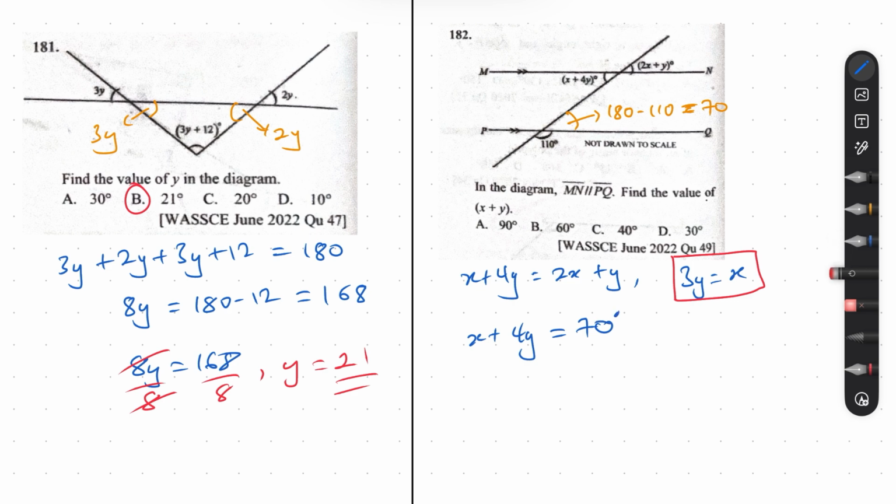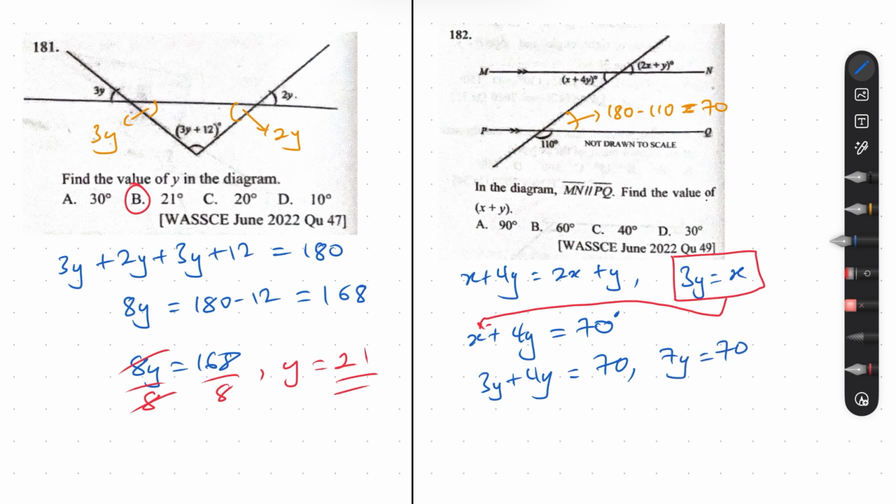Since we know that x represents 3y, here we can replace this x with 3y. And we say 3y plus 4y equals 70. That means 7y equals 70.